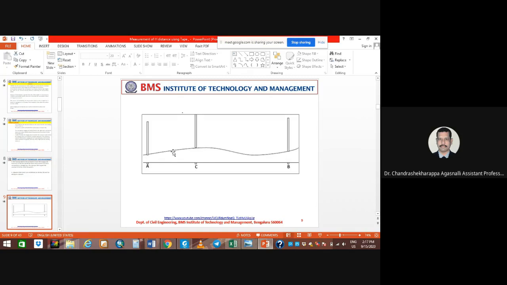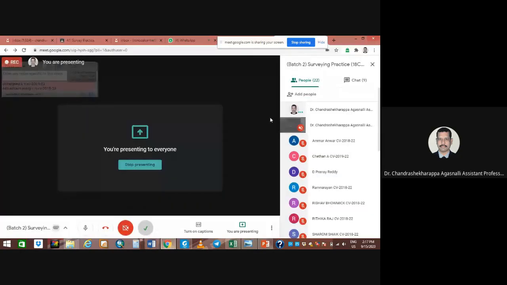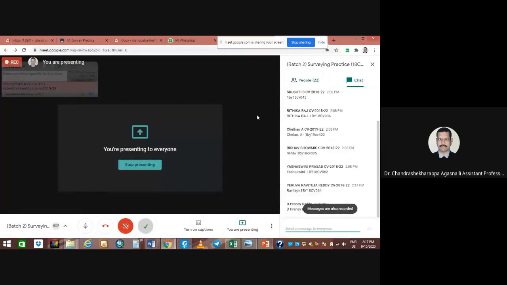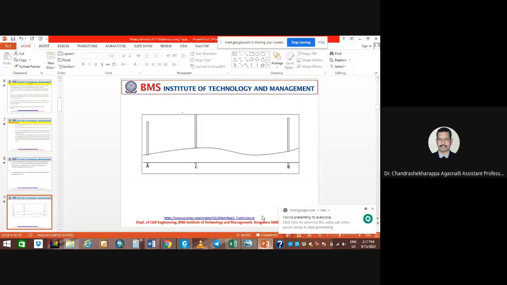From here to here, you fix the intermediate point and measure the distance, either through the tape or the ranging chain. From point C to point B, you can measure it. AC is intervisible, CB is intervisible, but AB is not intervisible.